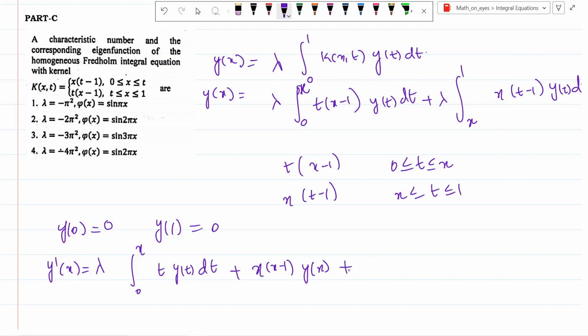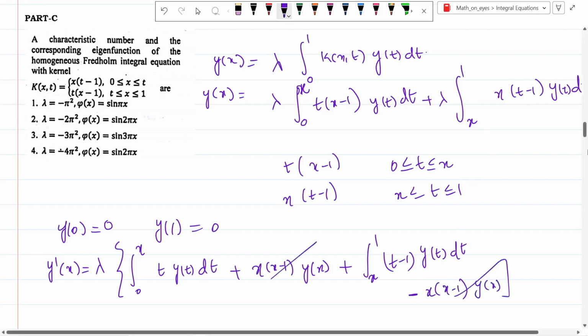Then plus lambda outside, integral x to 1. Differentiation of this one will be t minus 1 into y of t dt, and the upper limit is 1, therefore it is a constant. Differentiation will give you 0, so only the lower limit part, minus x into x minus 1 into y of x. Now these two terms cancel each other.